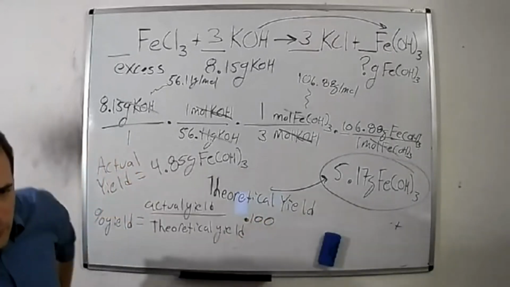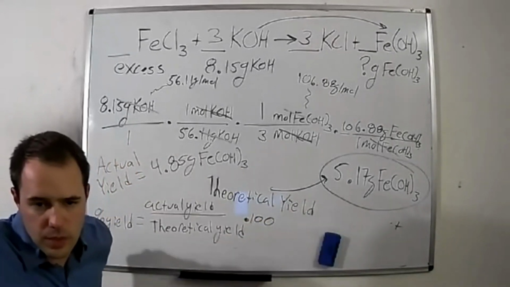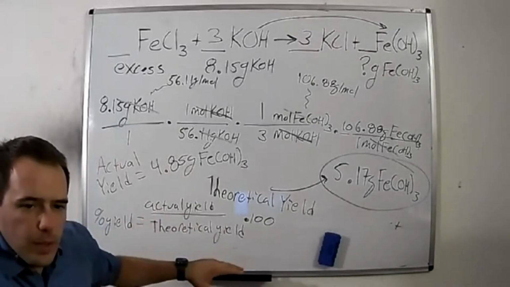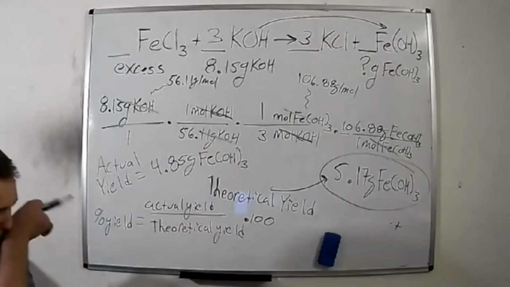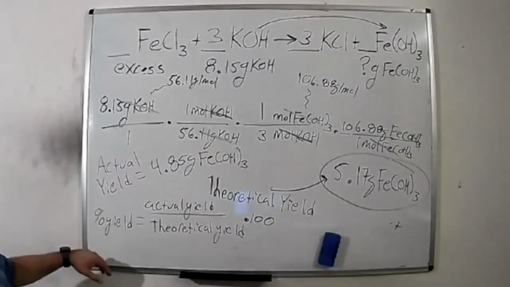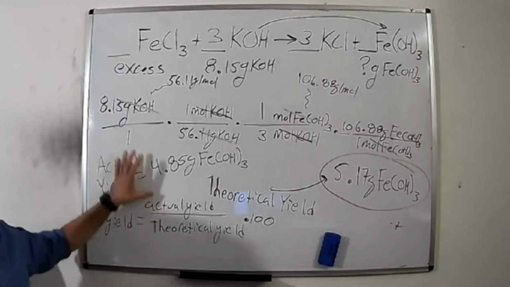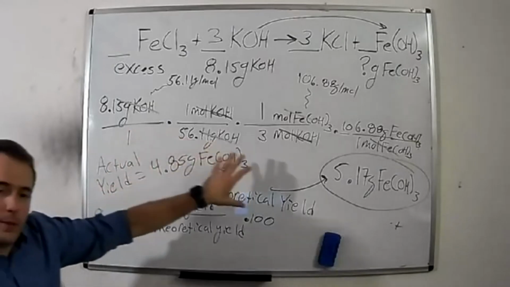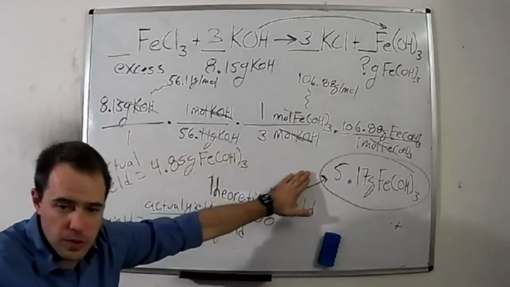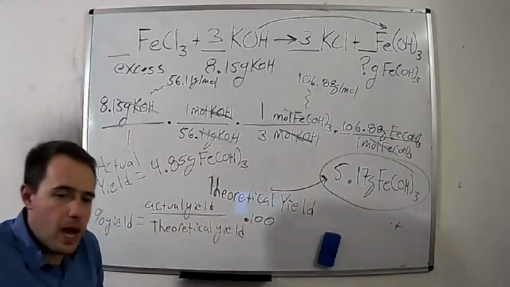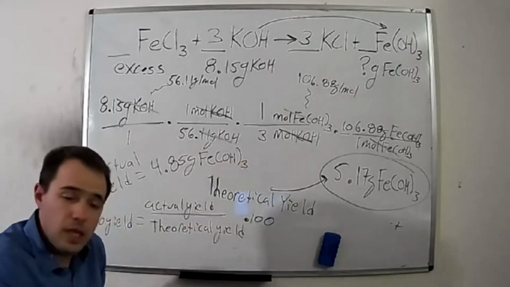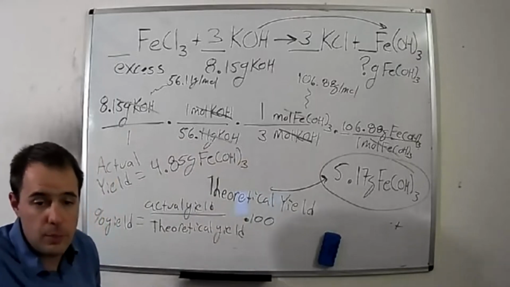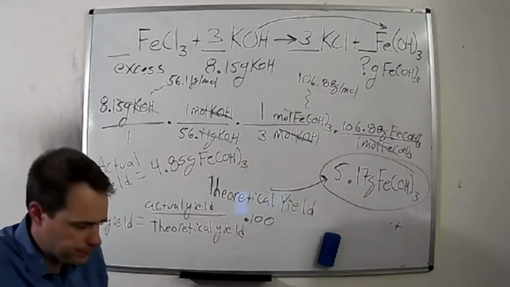You'll use this in every chem lab from here on out, because this is how chemists evaluate how good their reaction is. Actual yield, what you actually got, divided by the theoretical yield, what you were supposed to get, times 100. The highest percent yield you should ever get is 100%. You should never get above 100% because that means you just created matter.